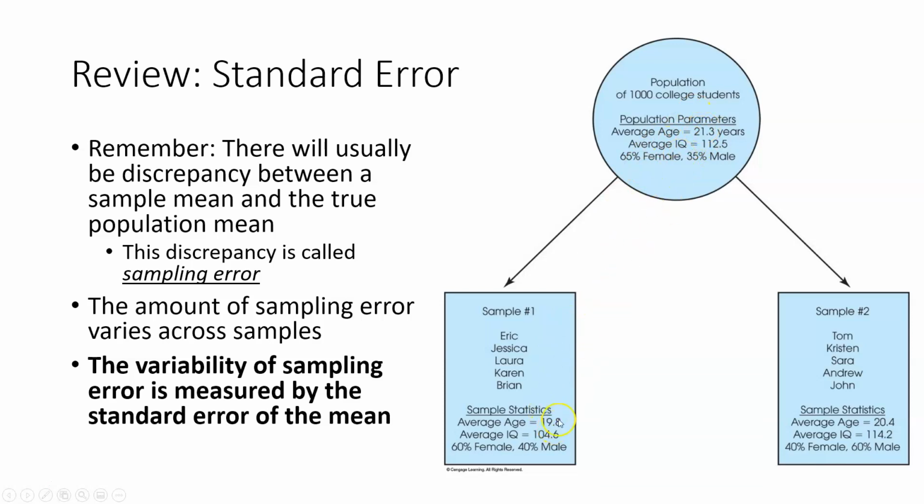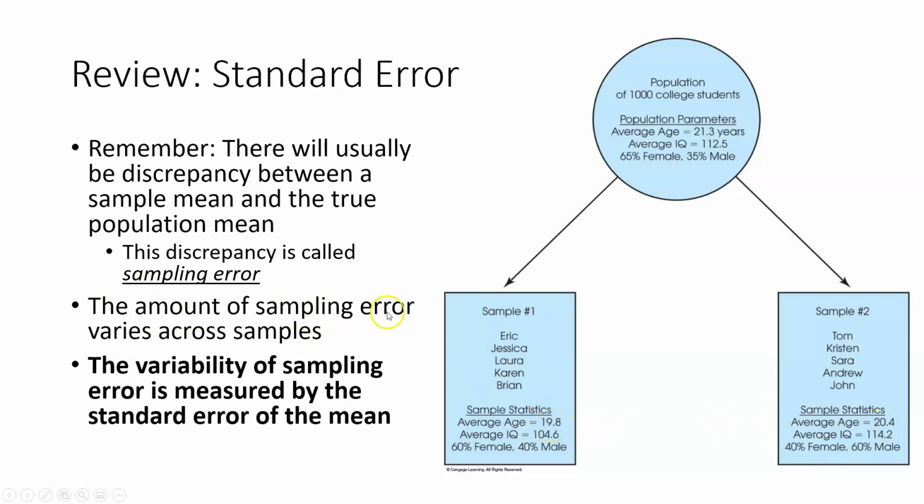It's how wrong our samples are just because samples are not exactly the same as a population. The amount of sampling error varies across samples. This average of the sample is lower than this average of the sample. So this is actually a poorer representation of this population than this is, because 21.3 is much closer to 20.4 than it is to 19.8.